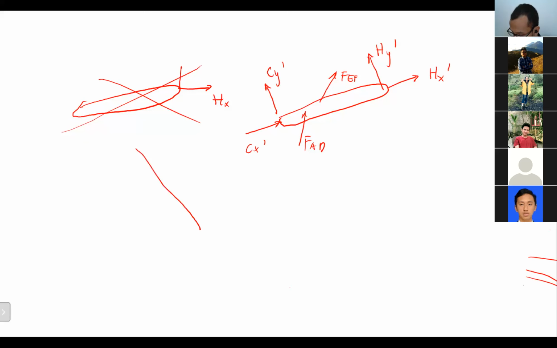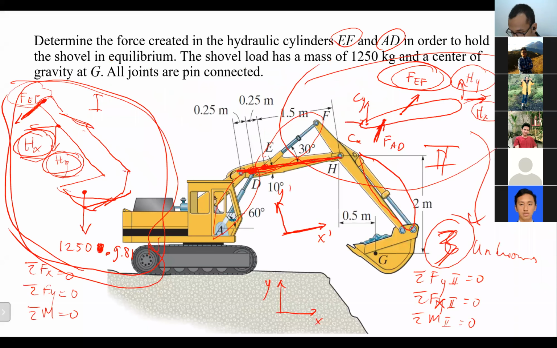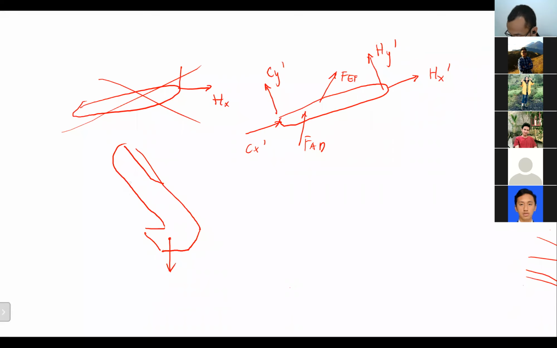So basically, G, then what else? It's Hx, Hy, FEF. Hx accent, this one.